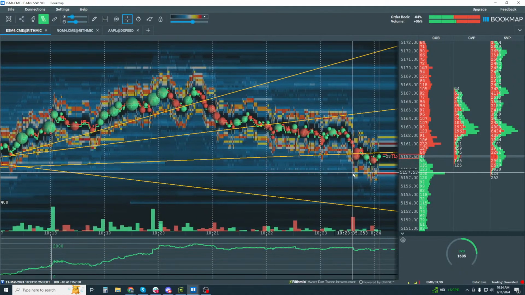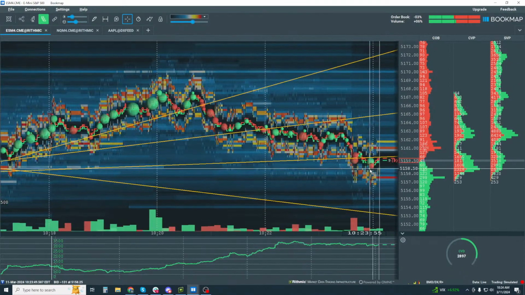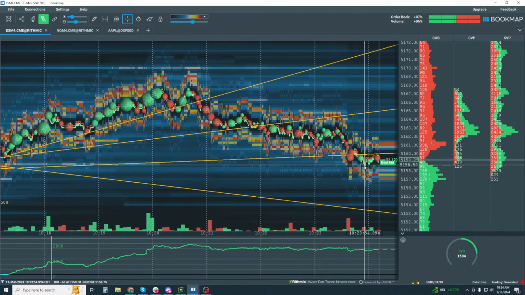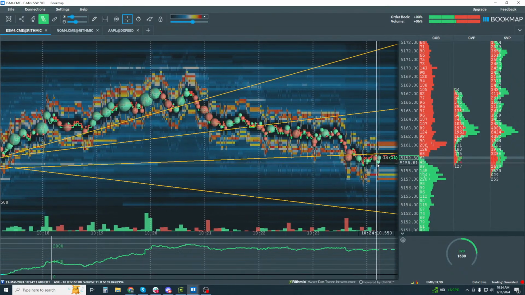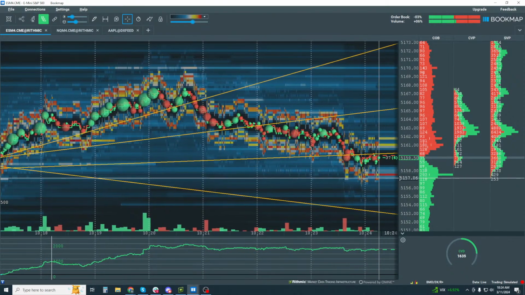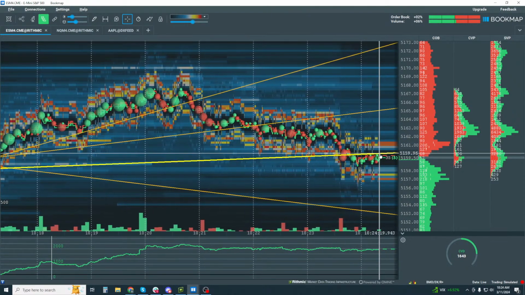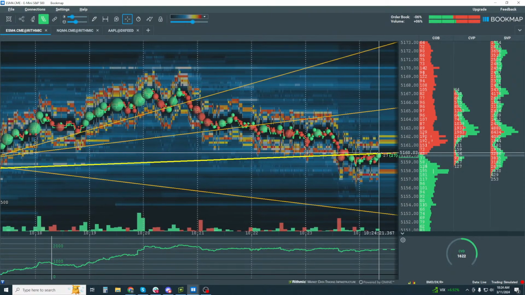Let's see if we can get it and what it's going to look like in here. There's some exhaustion here, or lack of selling. Now here's our retest. All right, a lack of selling again. So let's see if we can get buyers around this 60 level right here.